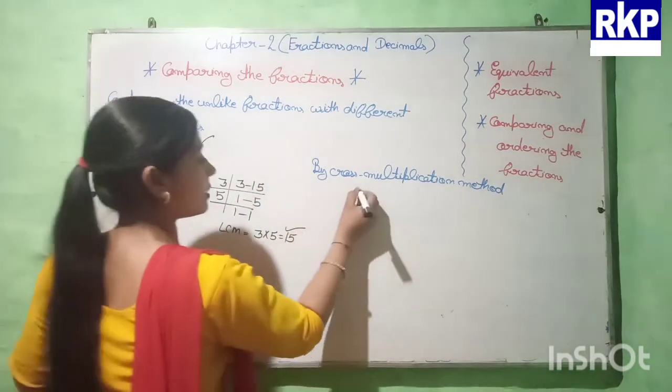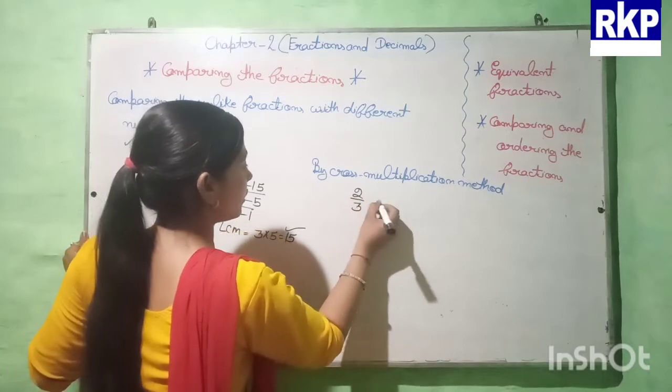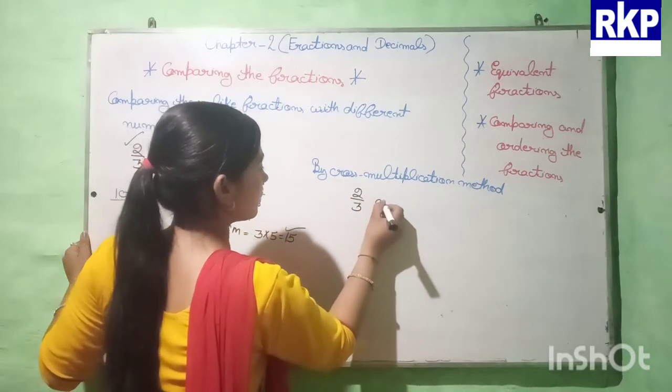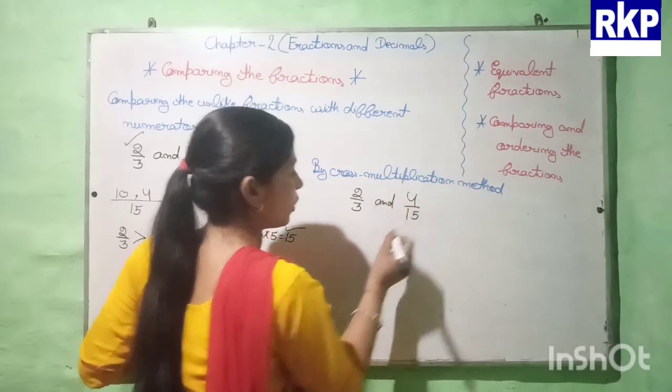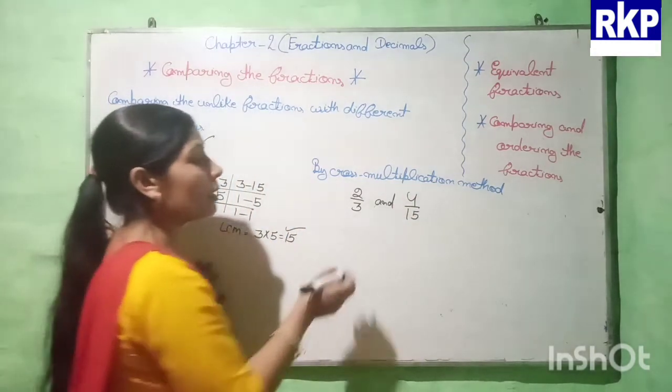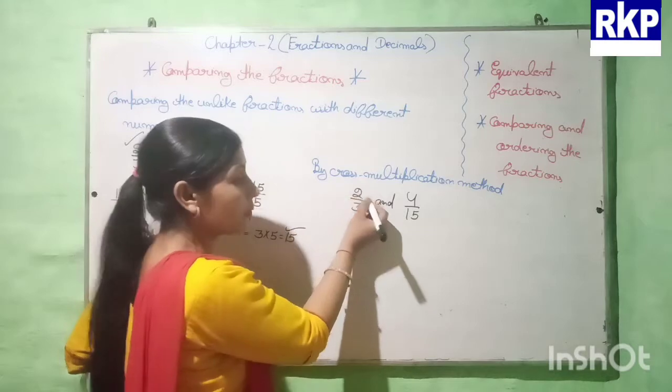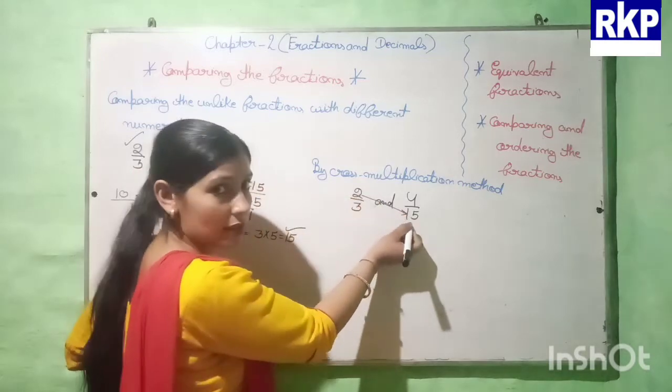Here let us see this same fraction, 2 by 3 and 4 by 15. So according to this method, we have to multiply this numerator with the denominator of this fraction.